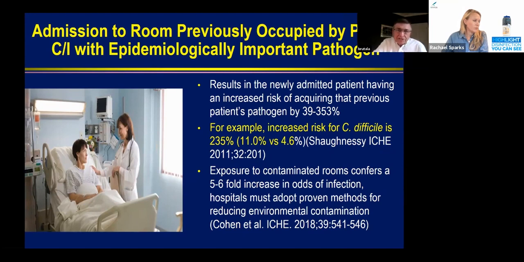That increased risk has been found not only for C. difficile, it's been found for MRSA, VRE, and multiply resistant gram-negative rods. And the reason for that, of course, is that healthcare workers can touch those contaminated surfaces and transmit those pathogens from those surfaces to patient, or the patient can self-inoculate.